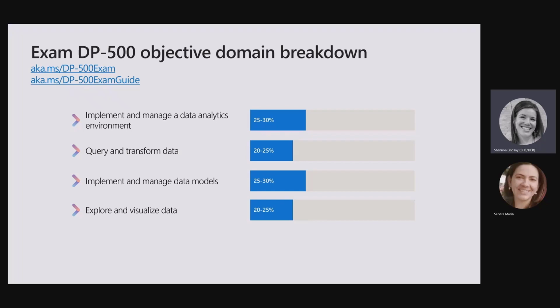So what you may notice when you look at this at a glance is that these skills look fairly similar to what is represented in exam PL-300, which is the Power BI Data Analyst certification that Sandra mentioned in the journey to the DP-500 certification.